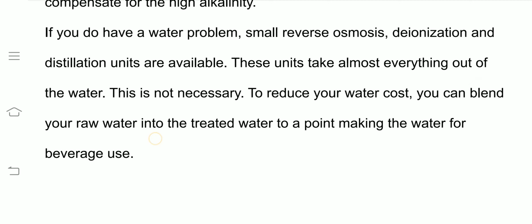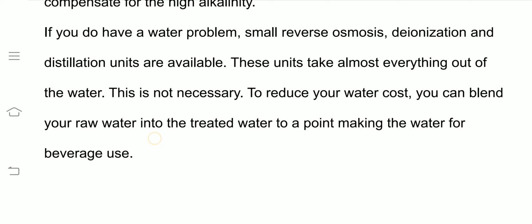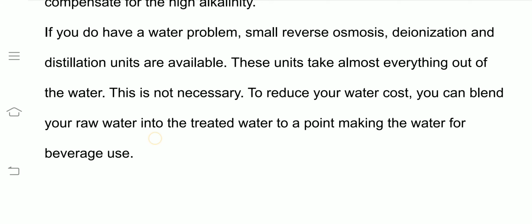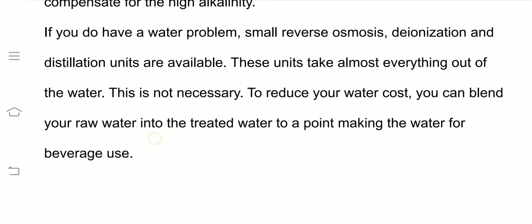Then deionization. What is deionization? We know that when an electric field is generated in a box, on one side there is the cathode, the plus charge, and on the other side the anode, the minus charge.